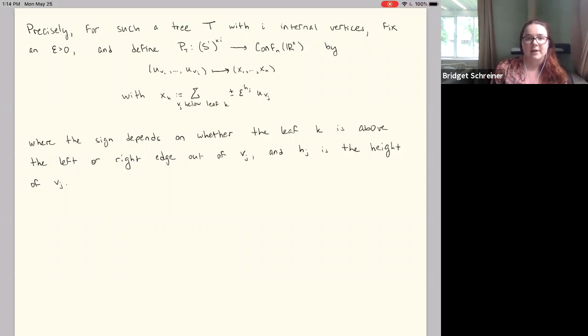The epsilon is what controls the radii of those circles that I had in the previous slide. And then the plus or minus is what makes those points antipodal on the circles from each other. But the basic idea here is just that we have these maps from tori to the configuration spaces, and we can classify them just by drawing these types of forests.